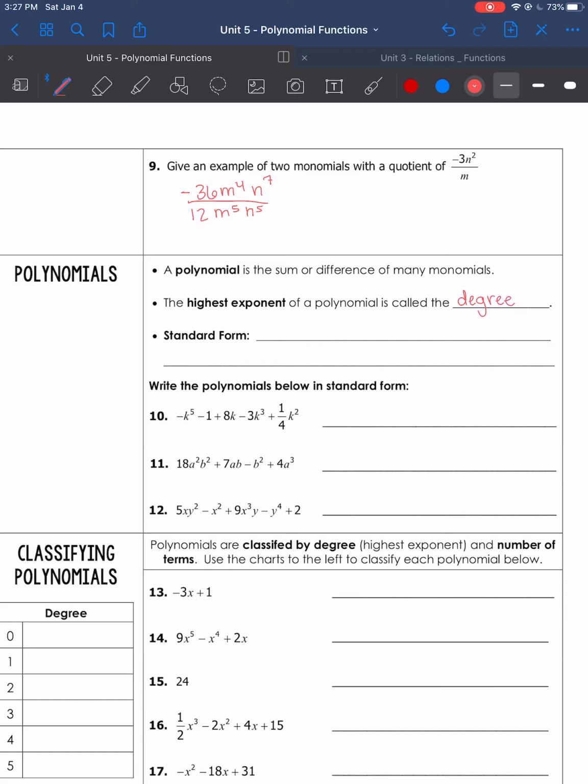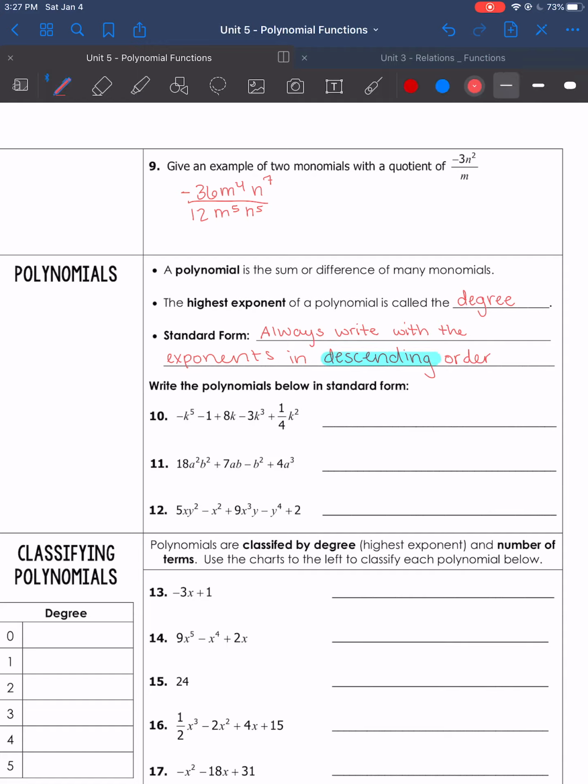And standard form is always written with the exponents in descending order, so decreasing order. Descending order, and I will highlight descending for us.